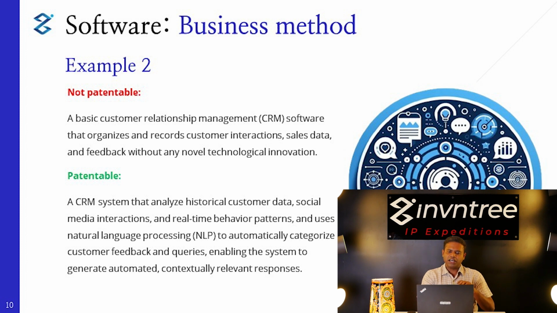One CRM could have, let's say, 10 stages, another CRM could have 20 stages. Irrespective of all of this, this is essentially a business model or a business method that is implemented by software. Irrespective of how innovative this business flow could be, if there is no underlying technology that is innovative, that business model cannot be patented.